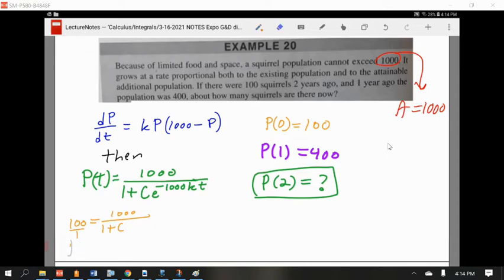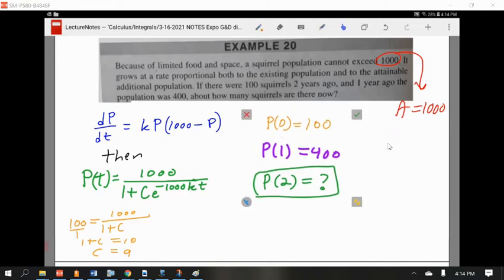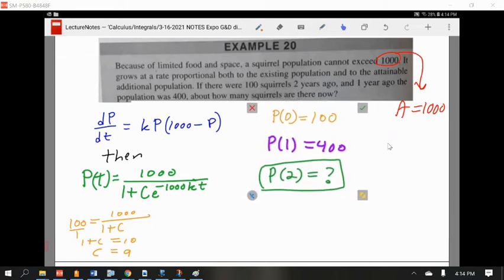Now, how do I get rid of plus 1? I subtract 1. 1 plus C equals 10, so C equals 9. What do I know now? I know that C is 9. I used my orange point. Now I switch to purple.